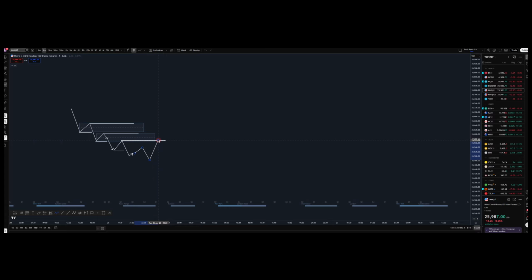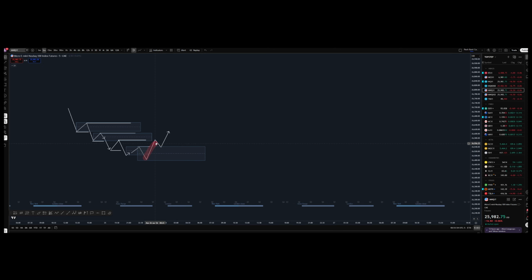And then once we break above this one, that becomes protected once we do this. And we have our box on. And then we break that high, and then we start to shift.